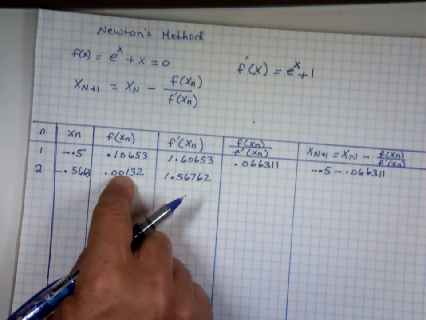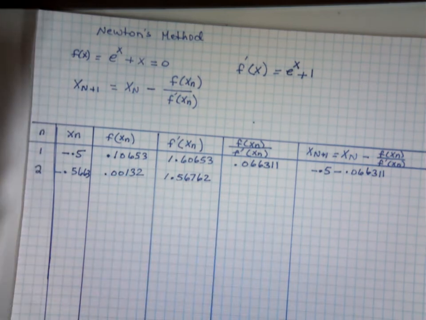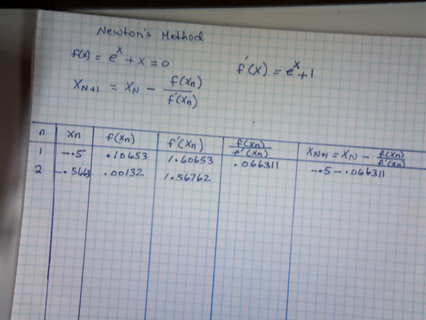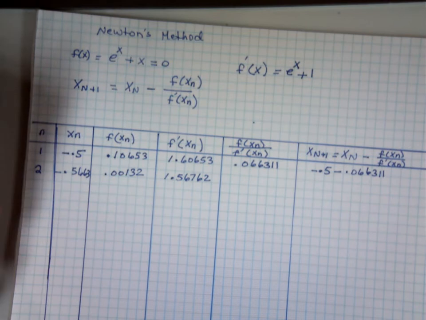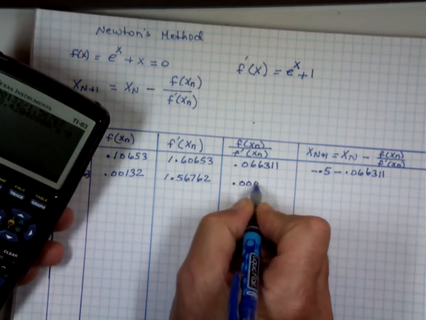Divide this number by that number. This will be 0.000842.